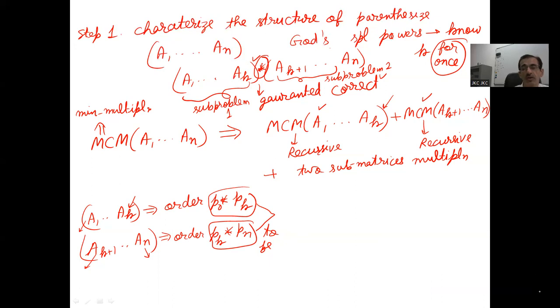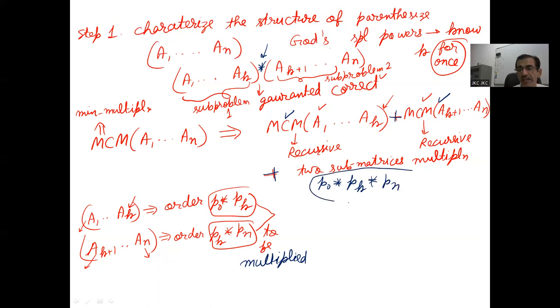Effectively I'm going to have this multiplication to be done here, so my total multiplication is going to be this plus this multiplication plus these two multiplications, and that will be P0 into PK into PN. I get these from these two orders.